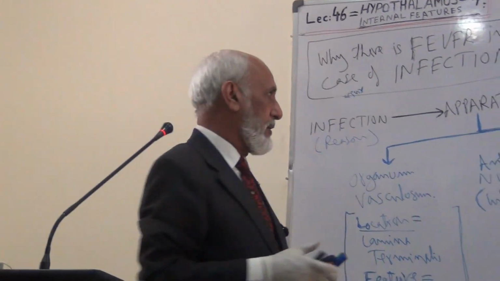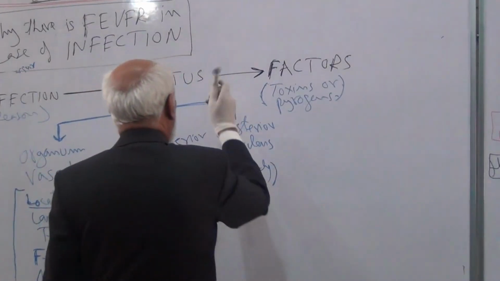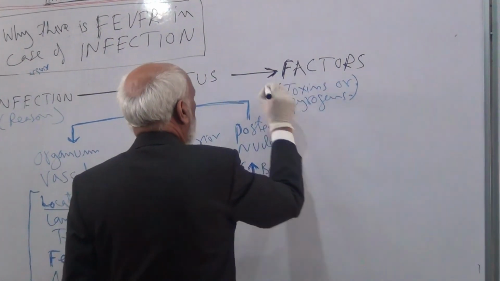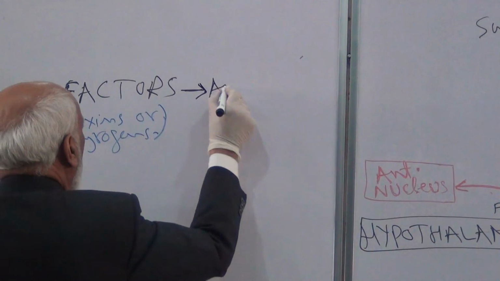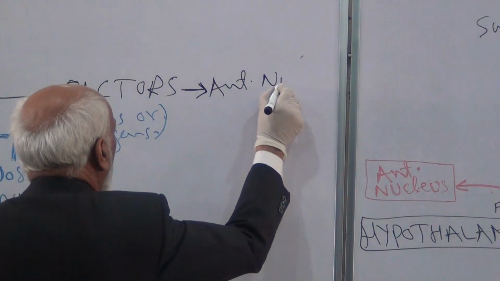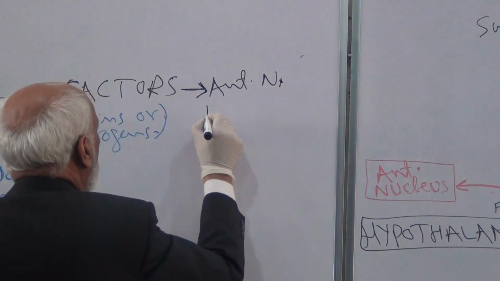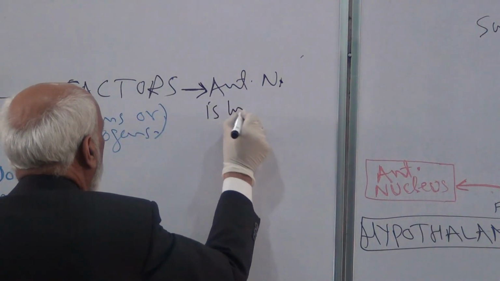And what will this factor do? Inhibit the anterior nucleus. The anterior nucleus is inhibited.